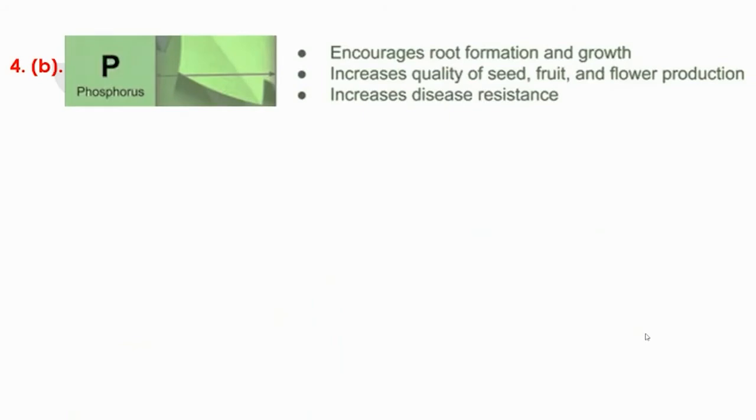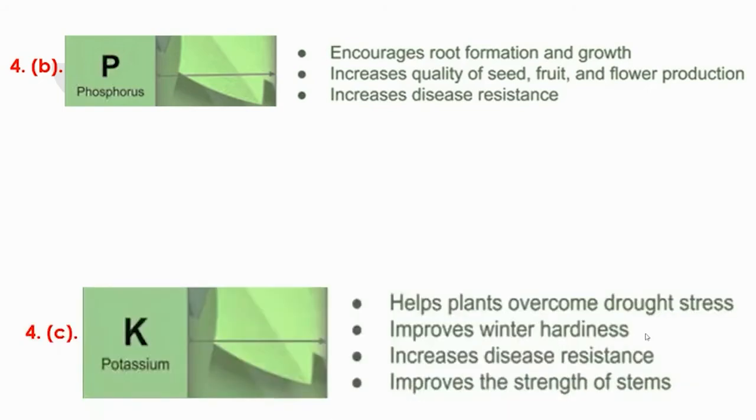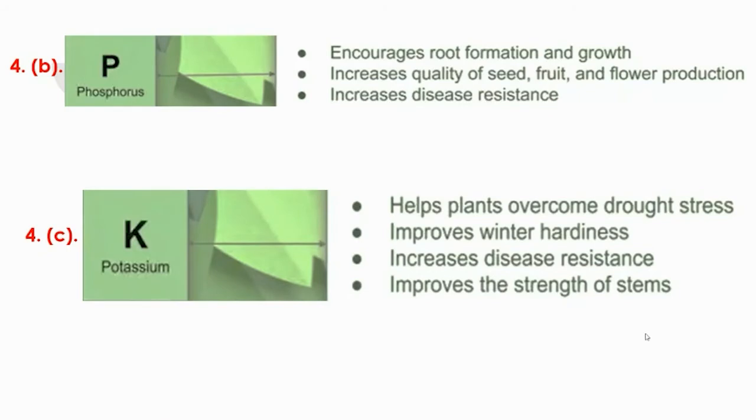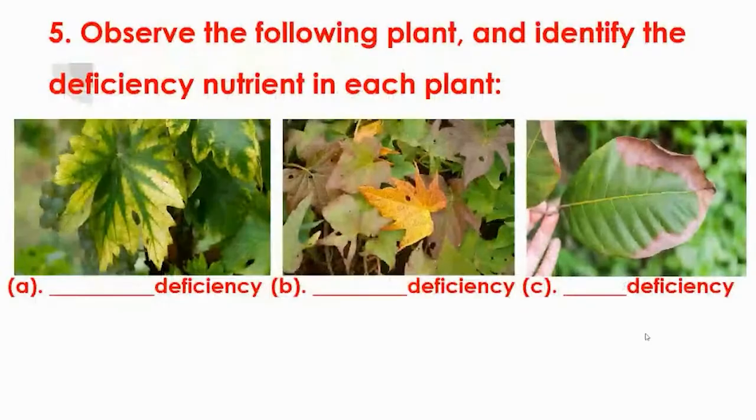Phosphorus encourages root formation and growth, increases quality of seed, fruit and flower production, and increases disease resistance. Potassium helps the plant overcome drought stress, improves winter hardiness, increases disease resistance, and improves strength of stems.